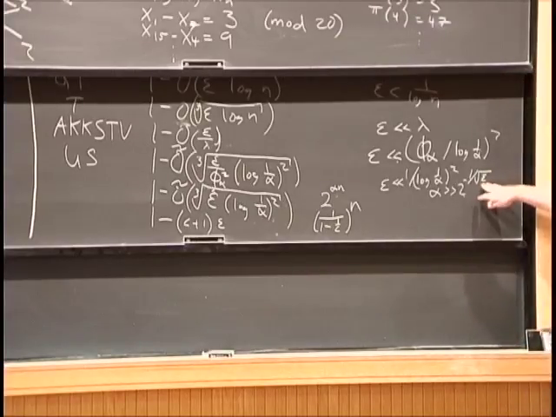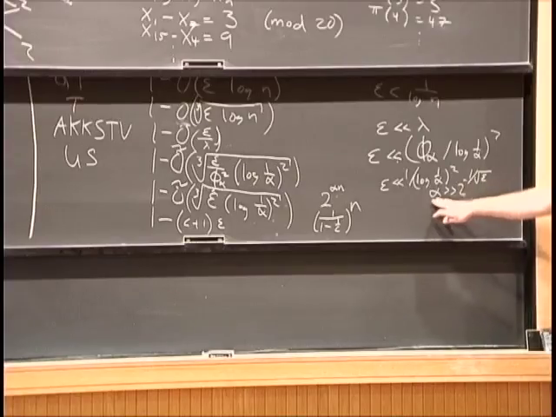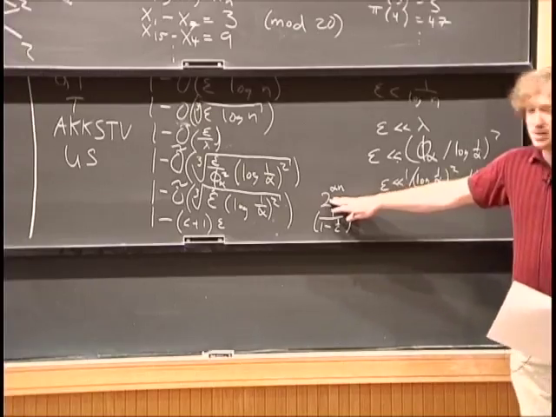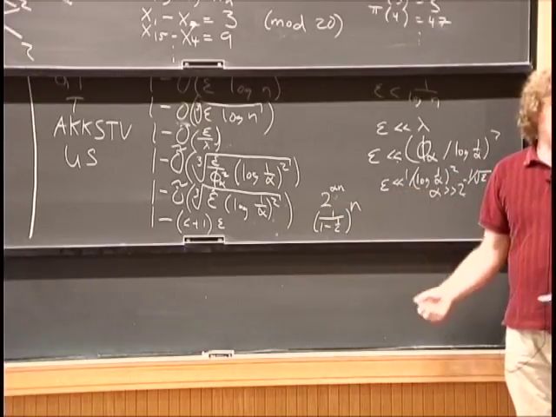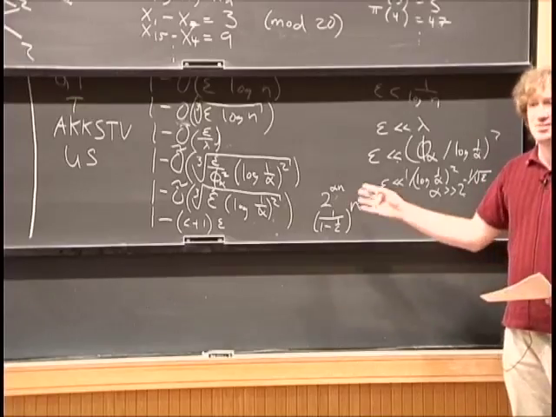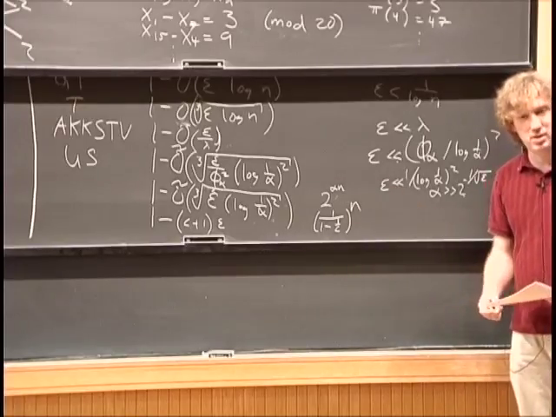So as epsilon goes to 0, alpha can go to 0 very quickly. So the algorithm is exponential time, but for small epsilon, it's small exponential time.